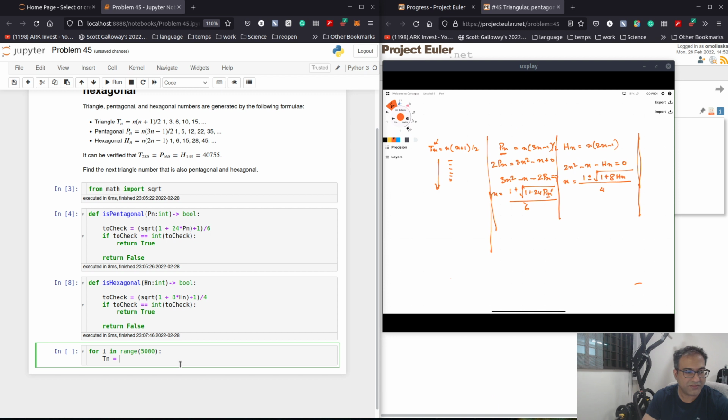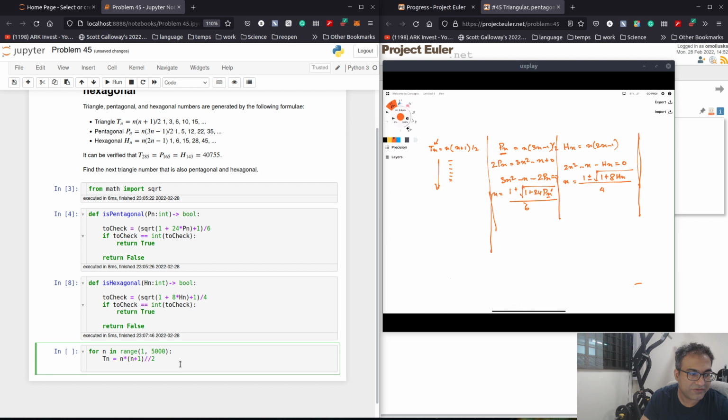Tn equals, why do I always make it n1 onwards? You don't need the other ones. So Tn equals n into n plus 1 by 2, and we know that n and n plus 1, one of them is always going to be even, so there should be an integer.